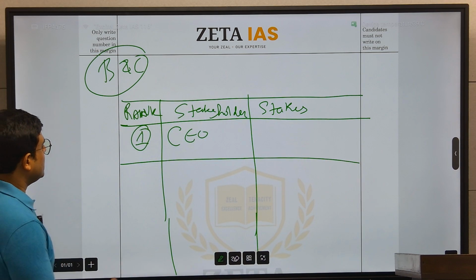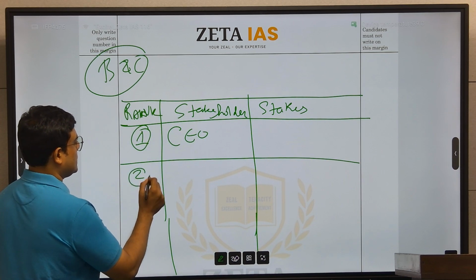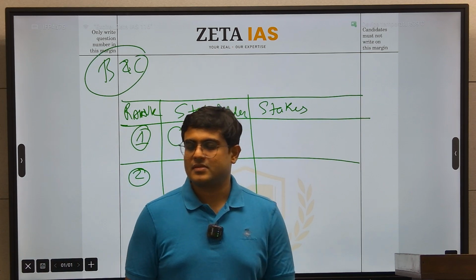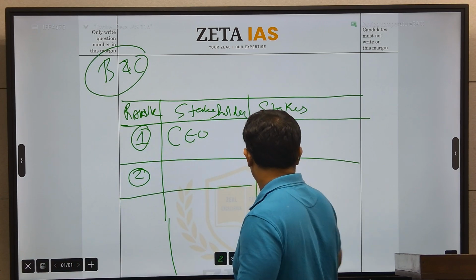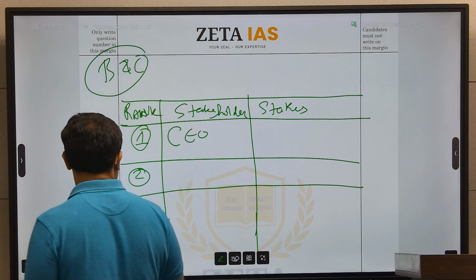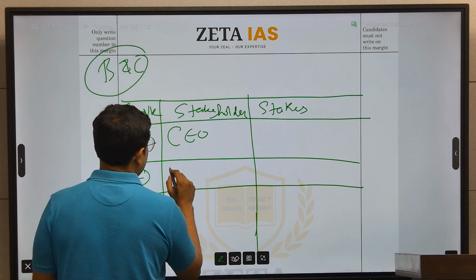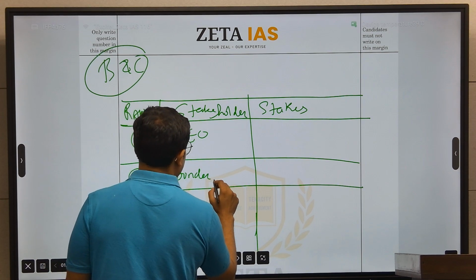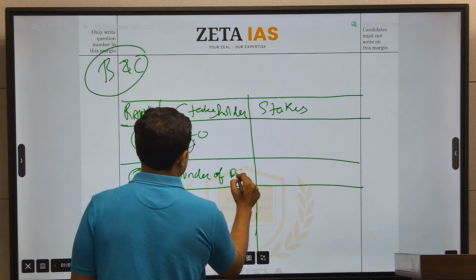Who can be number 2? I will come to it. Why CEO is the most important stakeholder. Next is the founders of the company, who are pressurizing him or her on Delicious Cola.